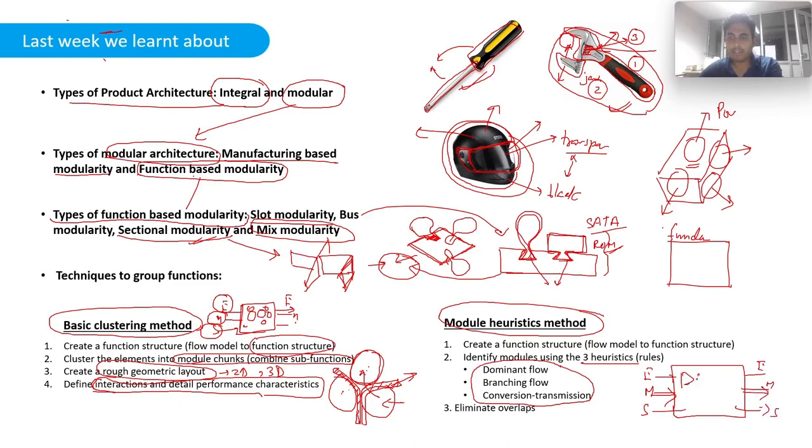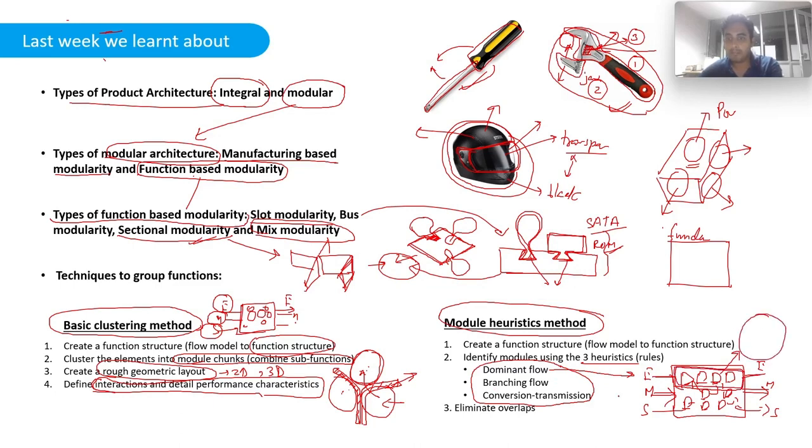And then when we create various functions and sub functions, what we look for in this particular flow model is whether there is any sort of dominant flow. For example, if you see some sort of dominant path, flow of energy to flow of energy, then we can consider that entire dominant flow path as one particular module.